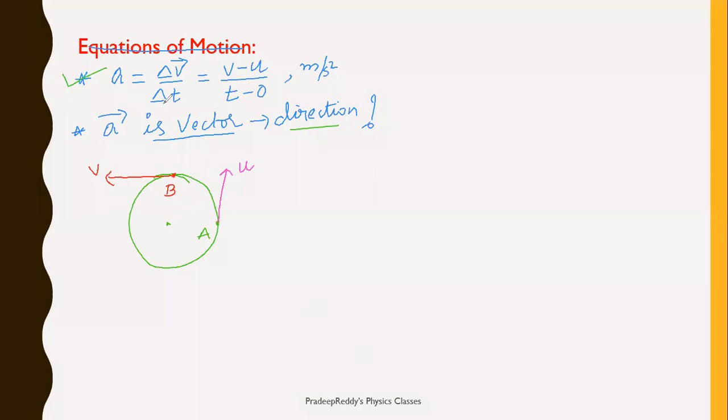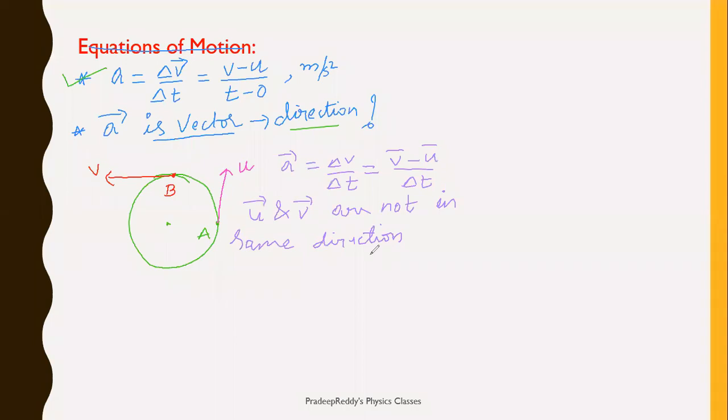Now, whenever you go for the definition of acceleration, a bar is equal to delta v divided by delta t, which is equal to v bar minus u bar divided by delta t. But v bar and u bar are not in the same direction, right?